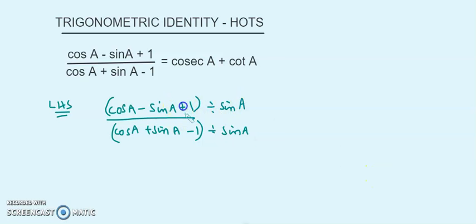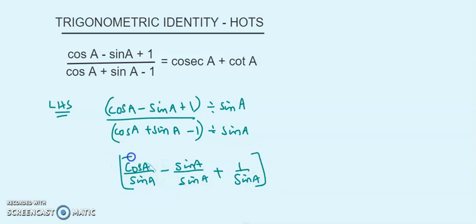So I'm going to write that and we'll change it. Okay, so this is cos A upon sine A minus sine A upon sine A plus 1 upon sine A. That is our numerator.